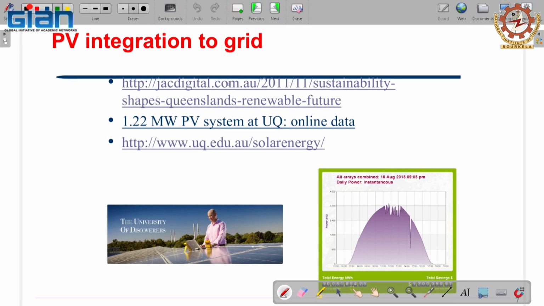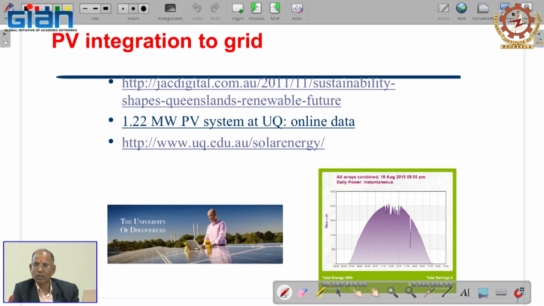Previously, through this link, in real time you could see this graph, how the weather is and how solar electricity generation is taking place. I'm not sure whether we can see it in real time now. I have not tried.